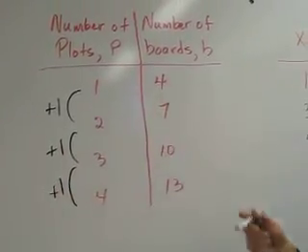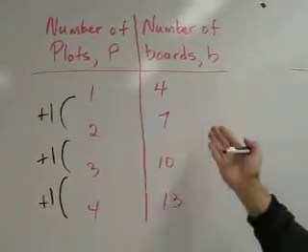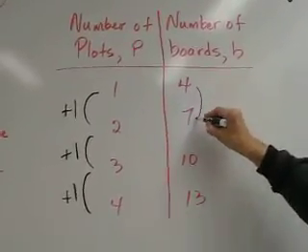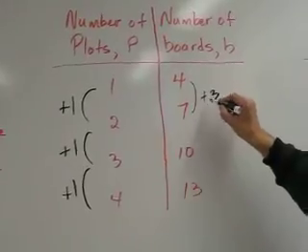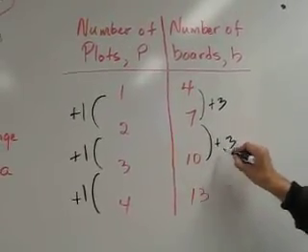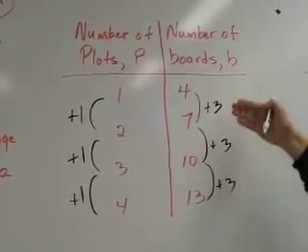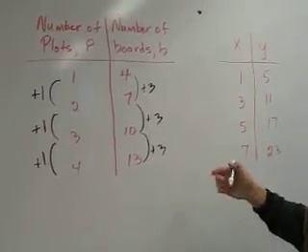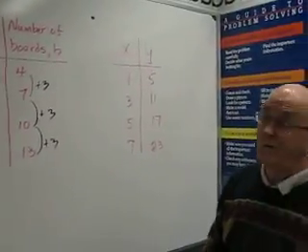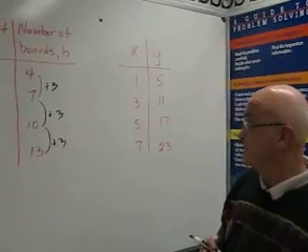If we examine the number of boards that are used to build those plots, you'll notice that we're going up by a quantity of 3. Now, the fact that we're going up by a constant amount here indicates that it is a linear relation.